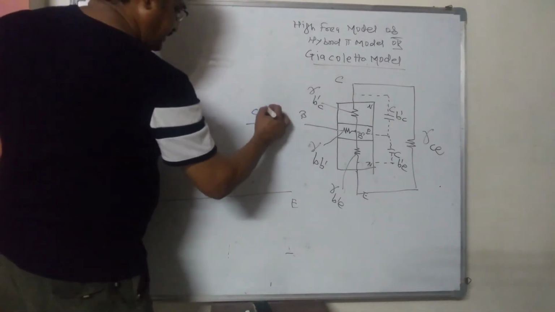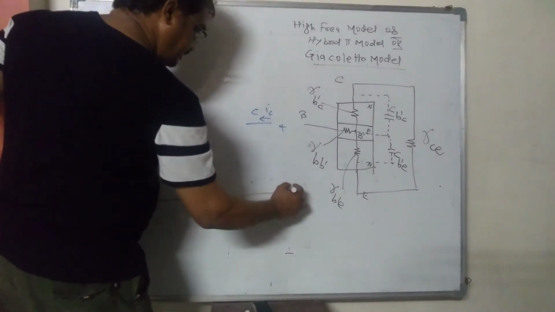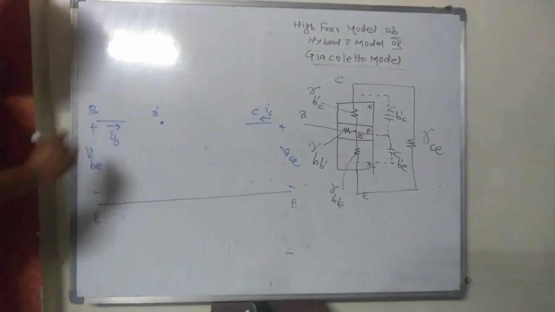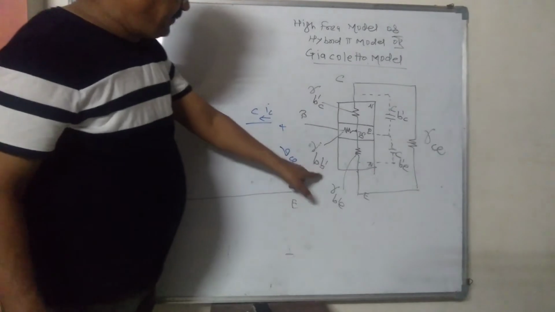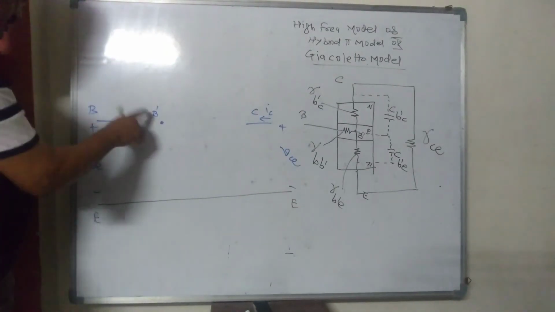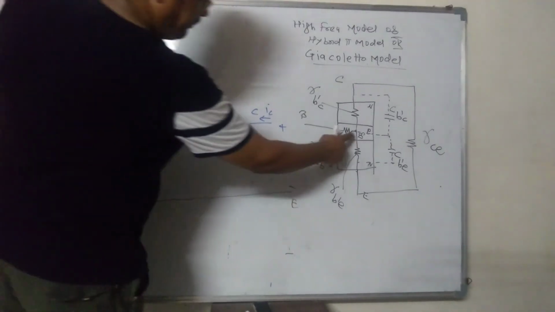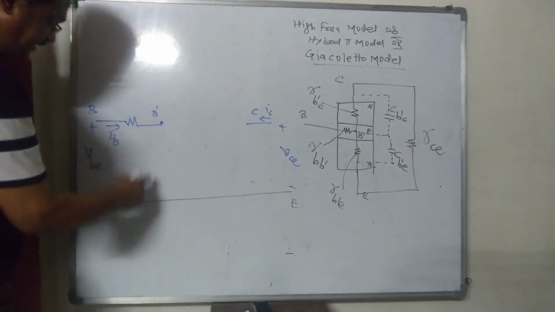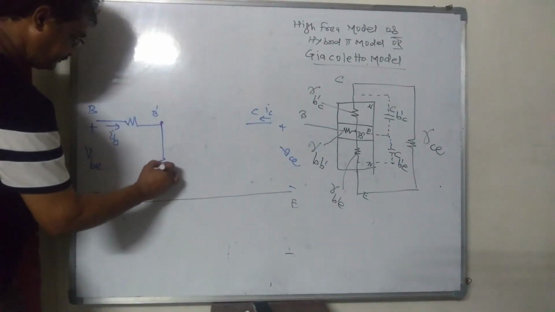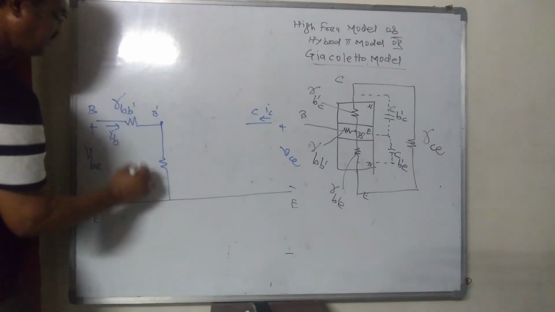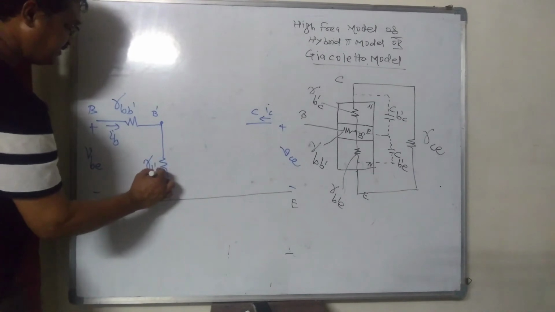This current is the collector current, this voltage is the voltage between collector and emitter. Between B and B dash there is a resistance. Between B dash and E there is a resistance. This is RBB dash, this is RB dash E.